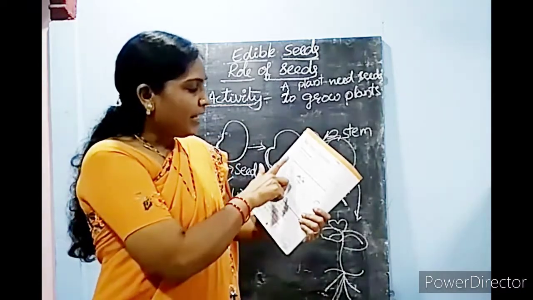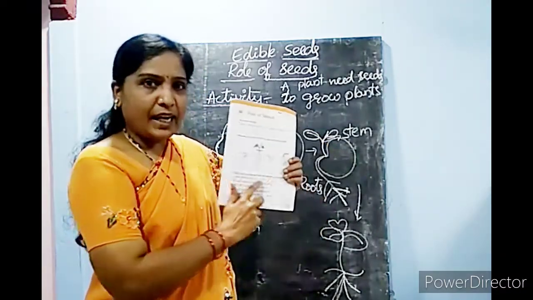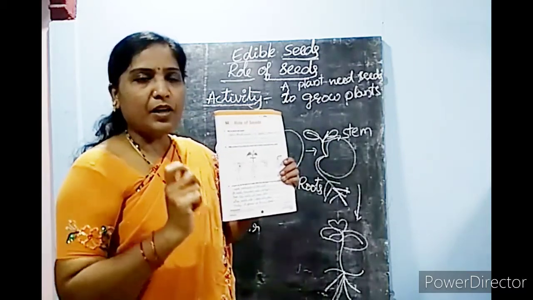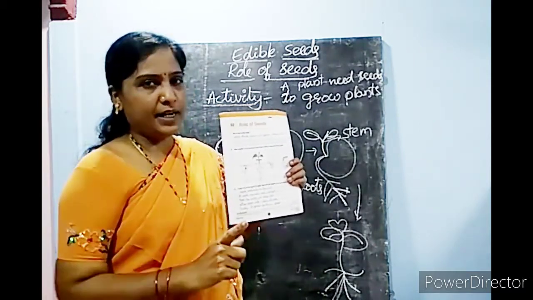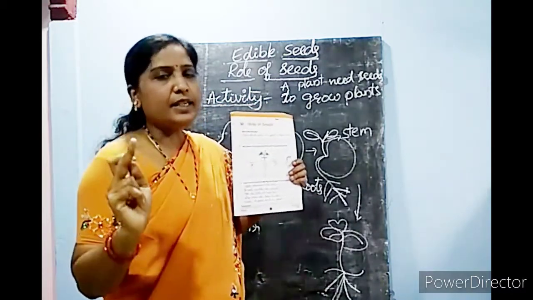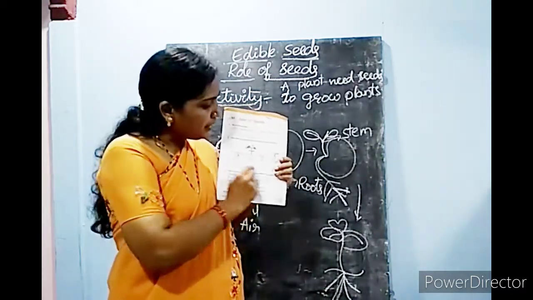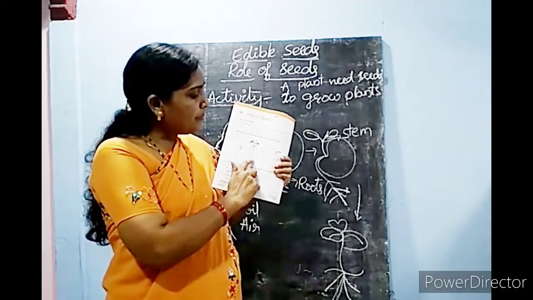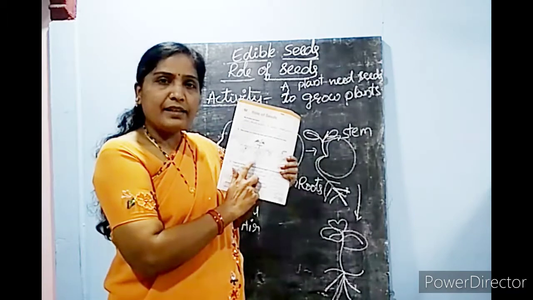Yes. And next, he gave the diagram of germination, or the diagram of how the baby plant arrives. You just identify the steps, which diagram, which picture comes first. He has given the big baby plant as the second one.